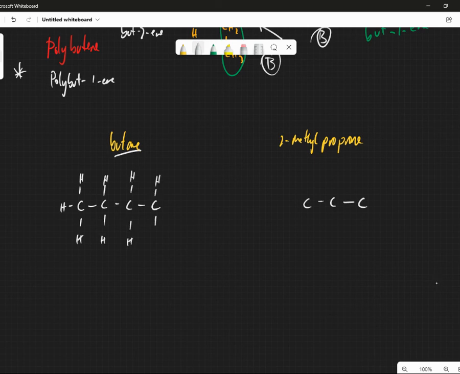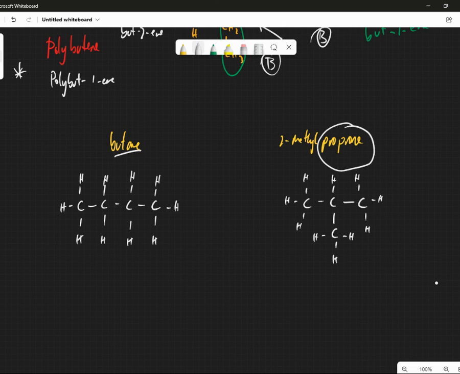Butane. And this is methylpropane. So methylpropane means it's a propane with a methyl on it, and a methyl is a CH3. So there we go. These are the structures, butane and methylpropane.